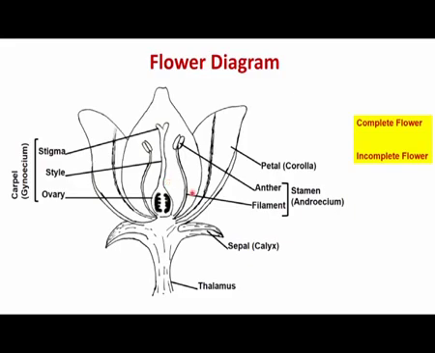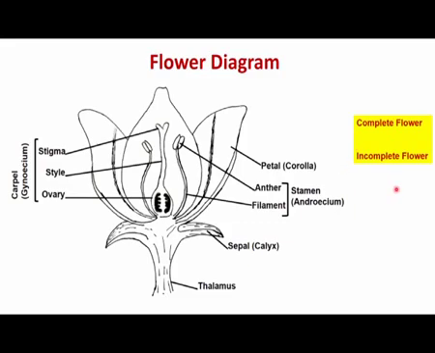So, as you can see in a flower diagram, in the structure of a flower there are 4 whorls: calyx, corolla, androecium and gynoecium. So, flowers can be classified based on whether they have these 4 parts. If they contain all these 4 parts, they are called complete flowers. If any of these 4 parts are missing, they are called incomplete flowers.